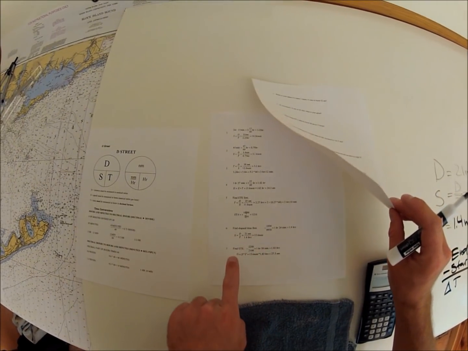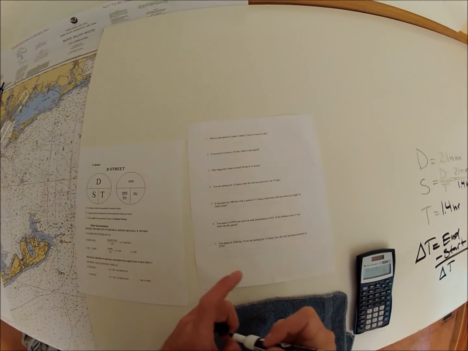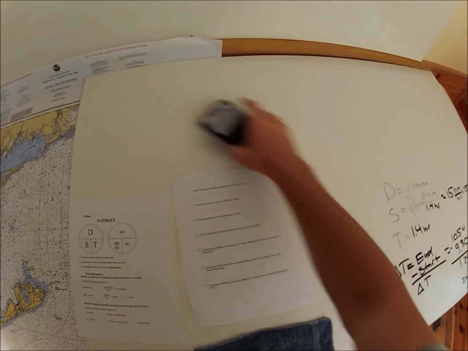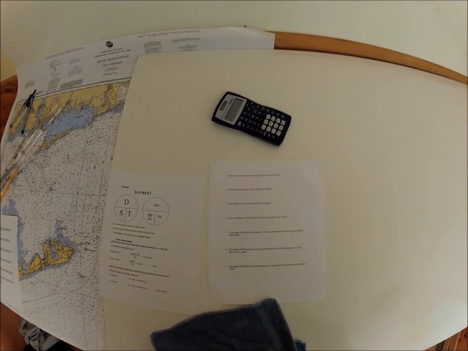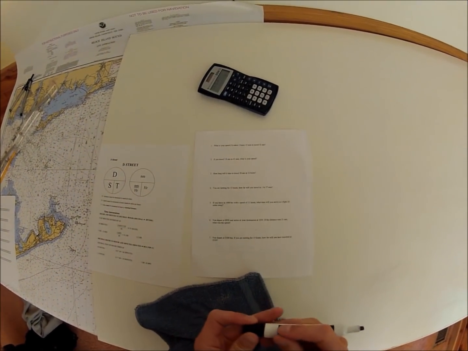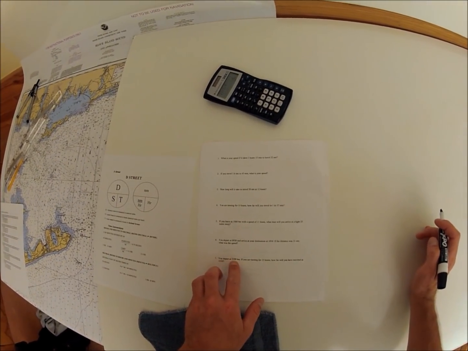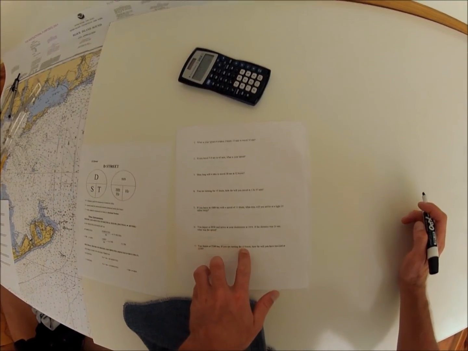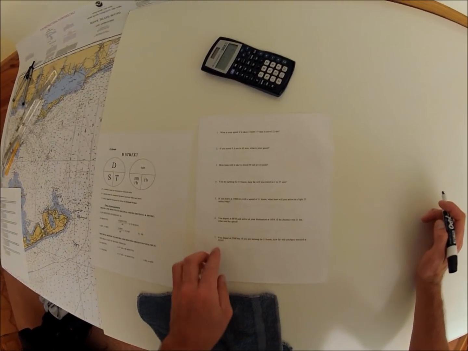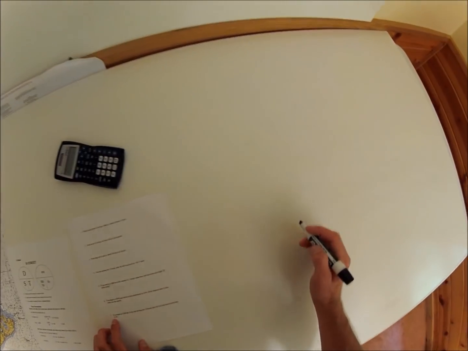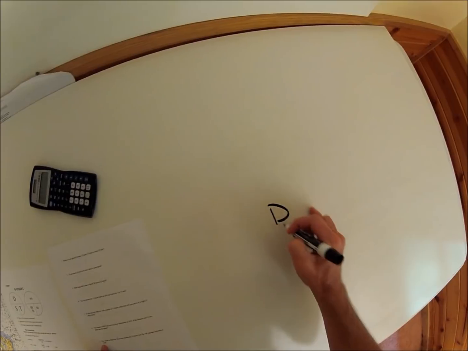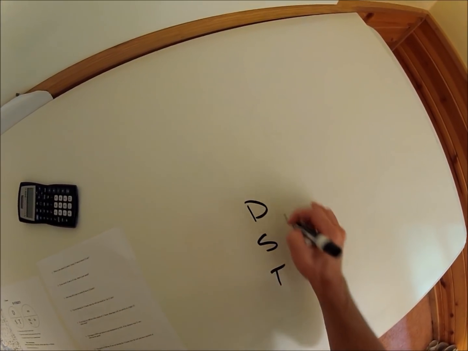Good, 15 knots. 7. This is the last problem. Okay, you depart at 2100 hours. If you're traveling 15 knots, how far will you have traveled at 2250? Alright, so we know this is going to be distance, speed, and time.